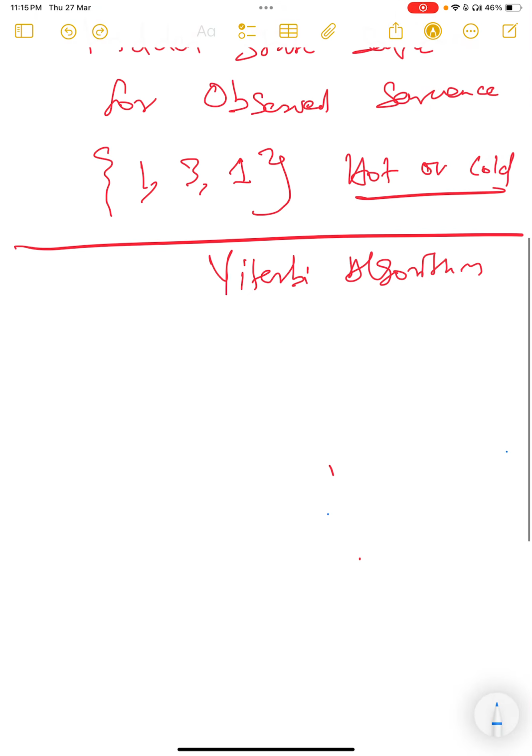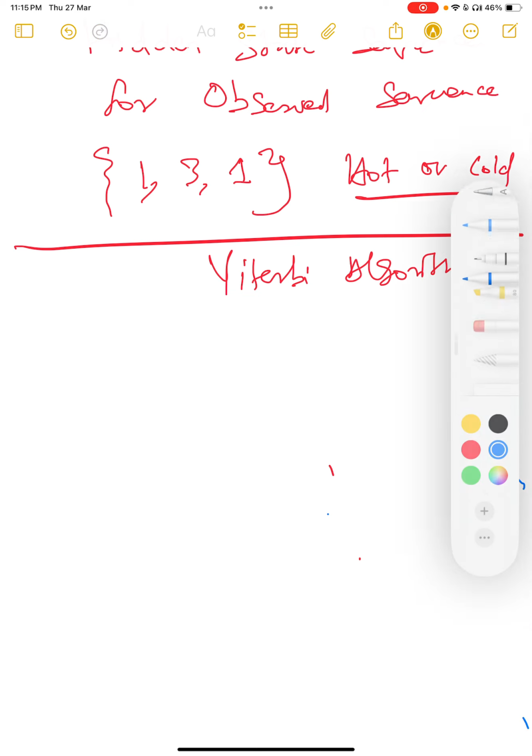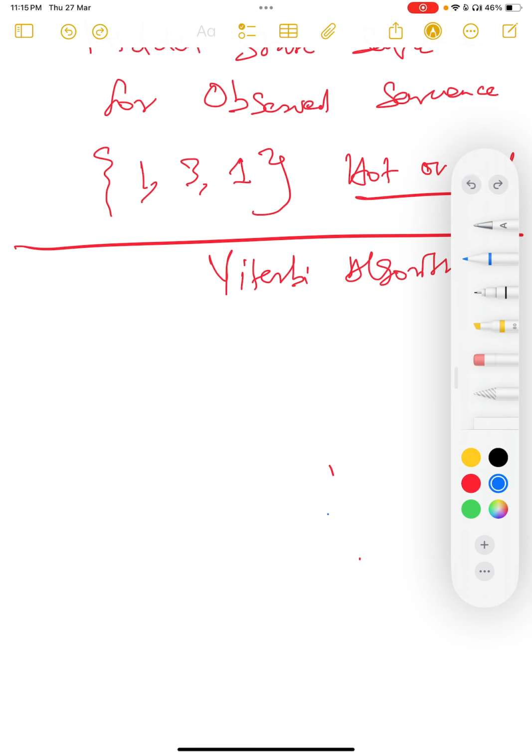So we have 3 days, and each day the person takes ice creams: one ice cream, three ice creams, and one ice cream. Now you will draw the trellis diagram.